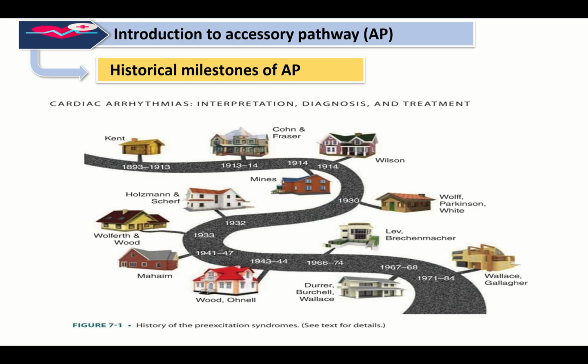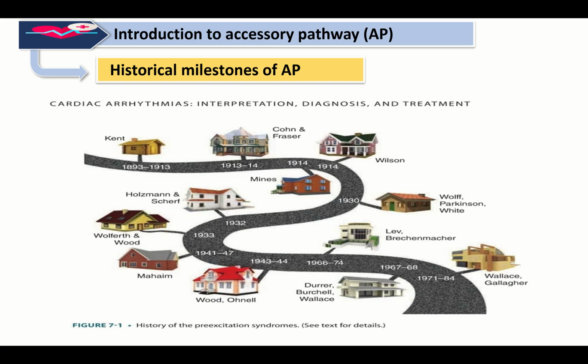Historical milestones of accessory pathway. I want to highlight the amazing role of Professor Dr. Kent. He was the first one who described the accessory pathway, the extranodal connection between atrium and the ventricle, in 1913.